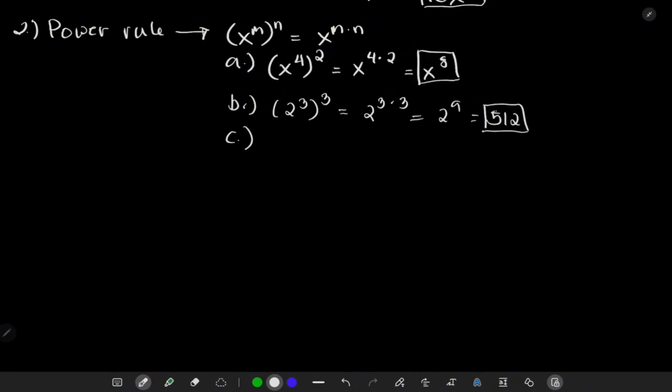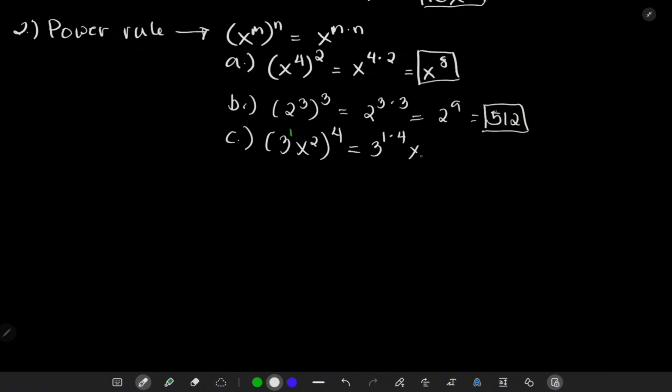How about if we have a numerical coefficient? So let's say if we have 3x squared, or the quantity of 3x squared raised to the fourth power. So just imagine na may 1 na exponent yung ating numerical coefficient. So first, let's copy yung ating numerical coefficient, and then let's multiply the exponent.